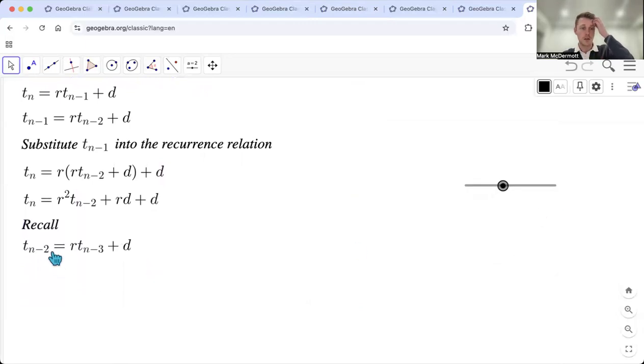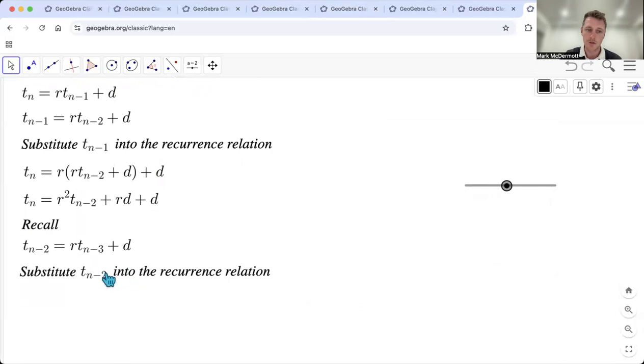So if we wanted T sub n minus 2, that'd be R T sub n minus 3 plus D. Okay, and then we're going to substitute that into the recurrence relation again. And we're going to notice a pattern.